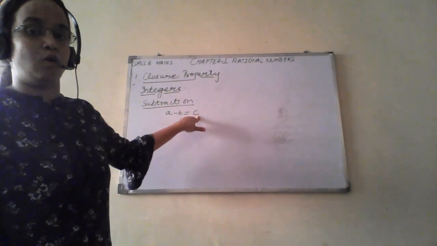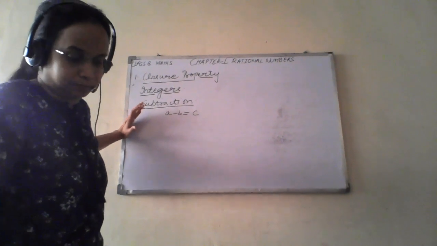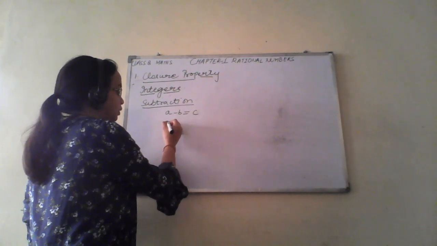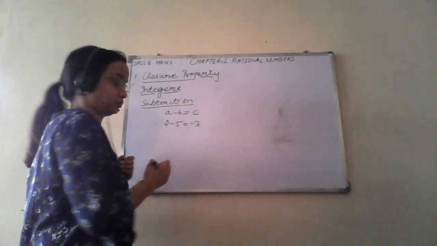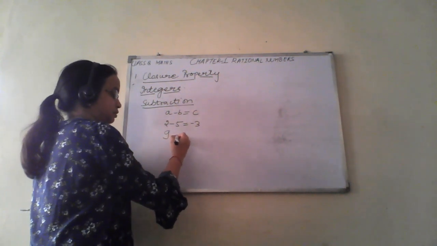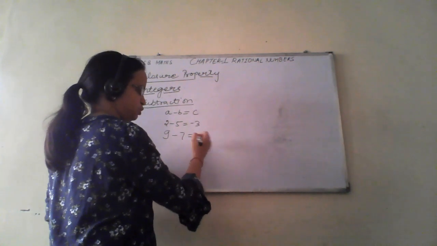Then only we can say that integers are closed under subtraction. We can have a few examples. 2 minus 5, answer will be minus 3. 9 minus 7, answer 2.